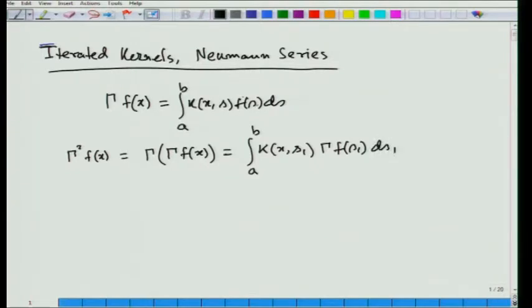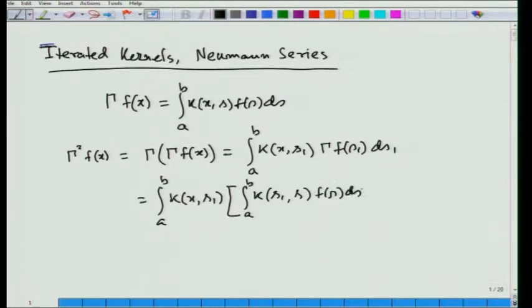Here f s is replaced by Gamma f s 1, and we have considered the dummy variable s 1 in order to define the integral operator Gamma on Gamma f x. Then using the definition for Gamma f s 1 we can write integral a to b k of x comma s 1, then integral a to b k of s 1 comma s f s d s, then d s 1.